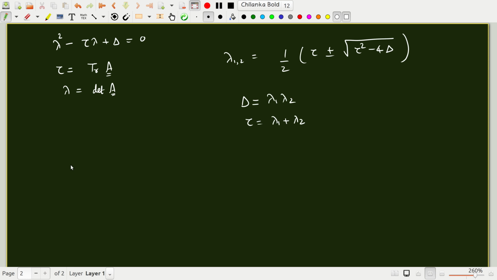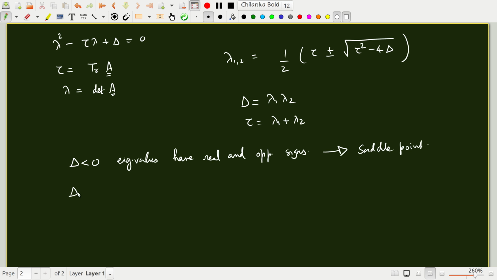So when delta is less than 0, the eigenvalues are real and of opposite signs, and then you will have a saddle point.